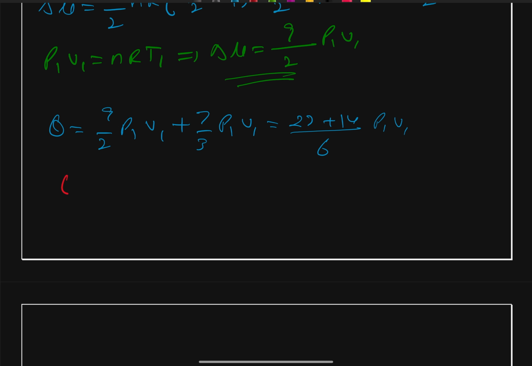So we get Q is equal to 41 upon 6 P1 V1.